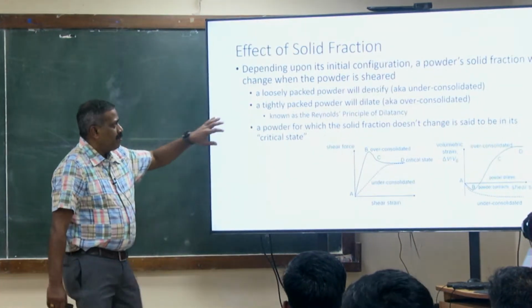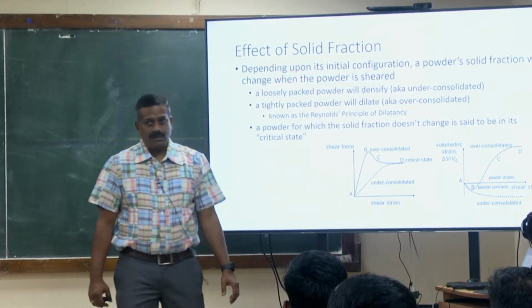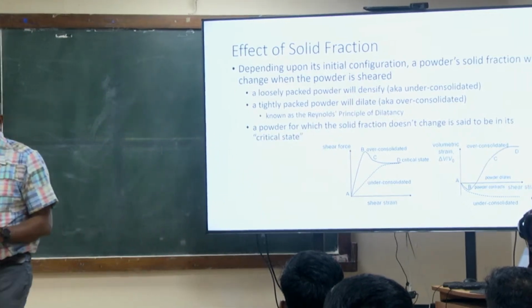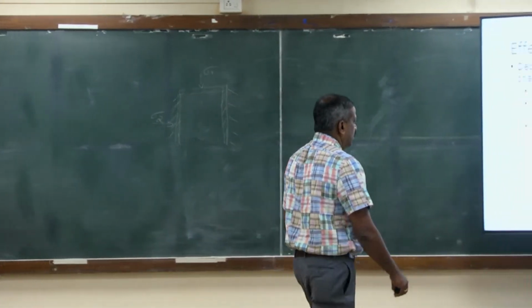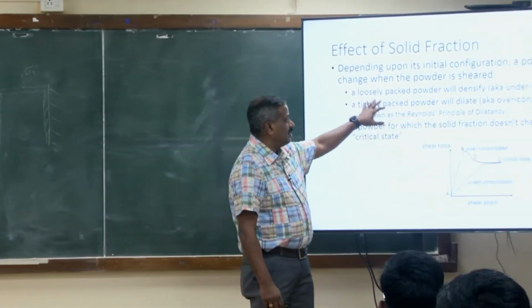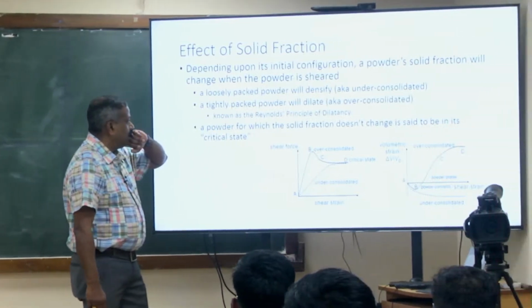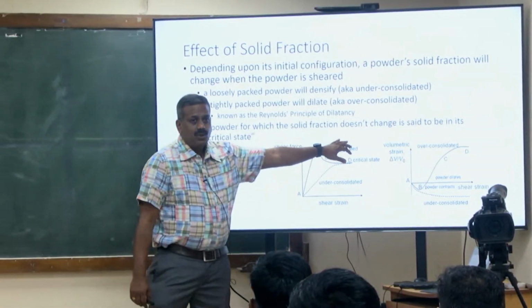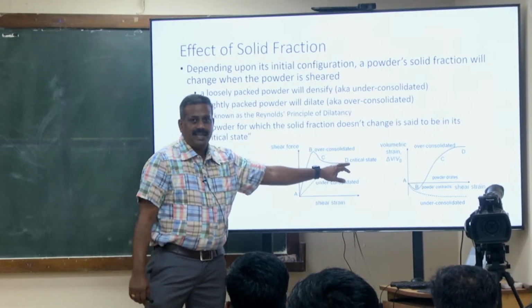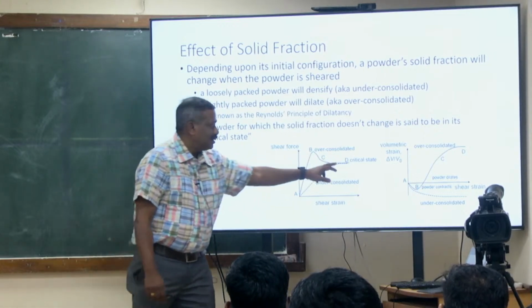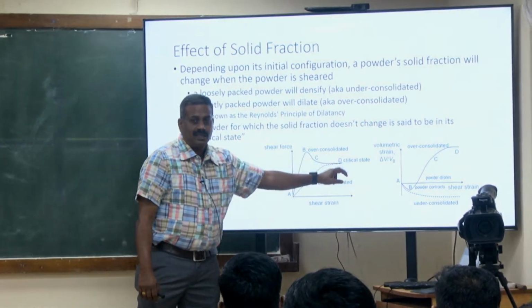But if it's a tightly packed powder, it might dilate, it might loosen up. I'll not go into dilatancy. So it depends on the type of the powder. The stress state at which the powder is not changing volume, or the solid fraction is not changing, is called the critical state.